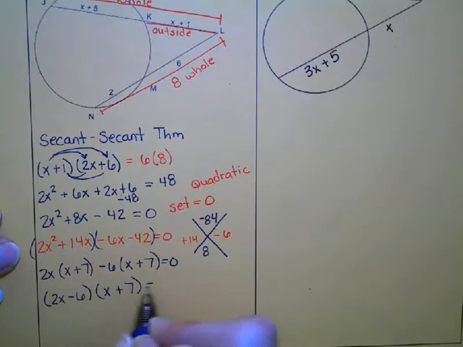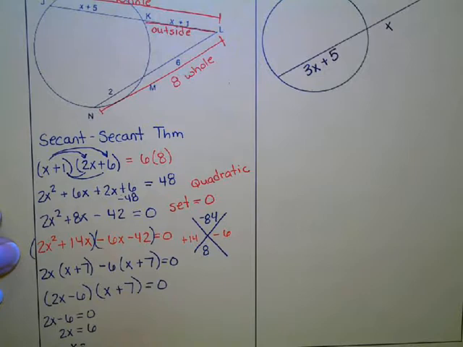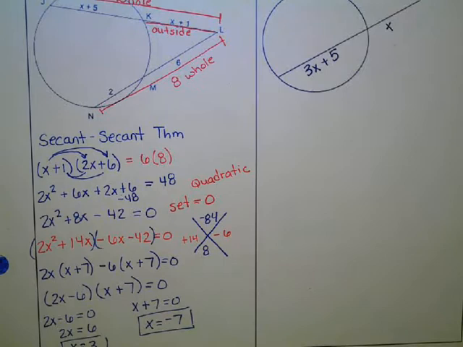Set the first one equal to 0. You get 2x plus 6, so equals 6. And then x equals 3. The other one, x plus 7 equals 0. Subtract 7 to the other side, x equals negative 7. So those would be the two answers, so we need to try them to see if they would work.